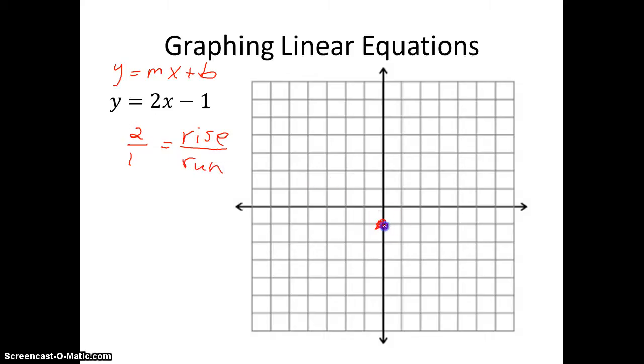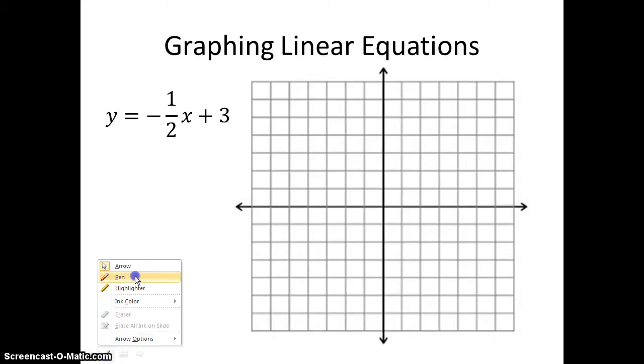So from our starting point here, we're going to rise 2 and over 1. Rise 2 over 1, rise 2 over 1. And we can go ahead and get our graph, and then back down this way. We could see that we have a plus here, so we have an upward sloping or a positive sloping graph.